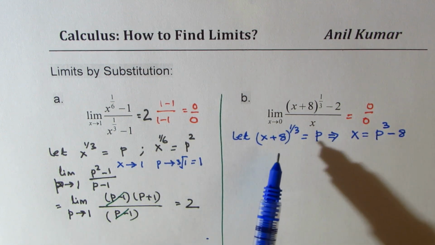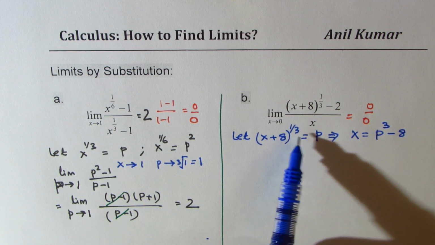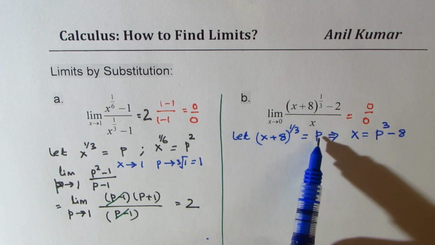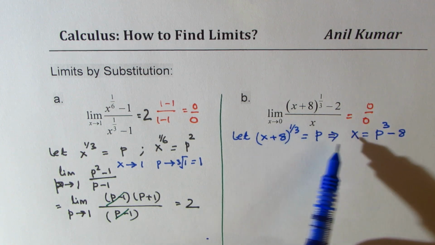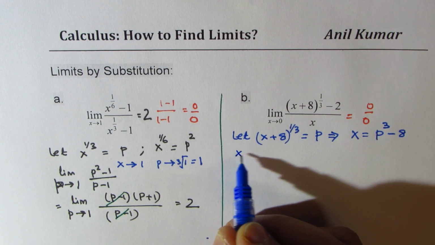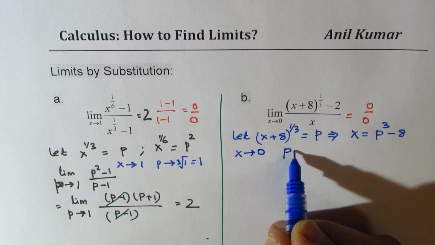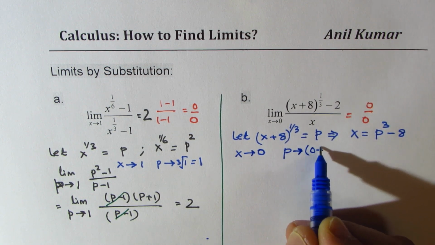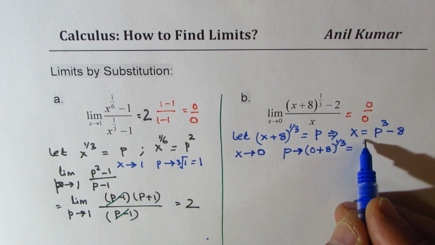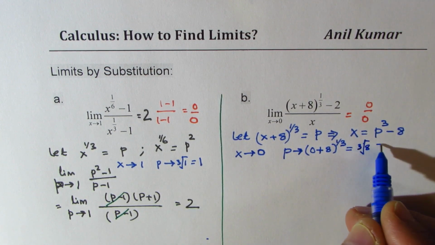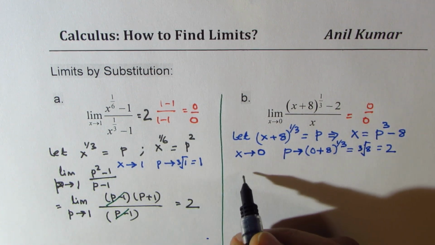So if I write the cube root of x plus 8 as p, then when you cube it, p cubed minus 8 is going to be x. One part. Second is, as x approaches 0, p approaches what value? p approaches the cube root of 0 plus 8, which is the cube root of 8, which is 2. So now we'll rewrite this question with these 2 substitutions.